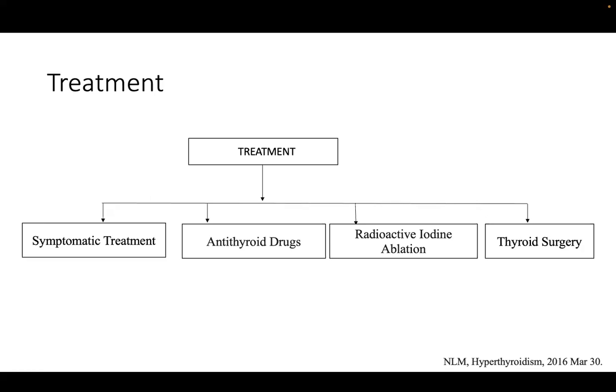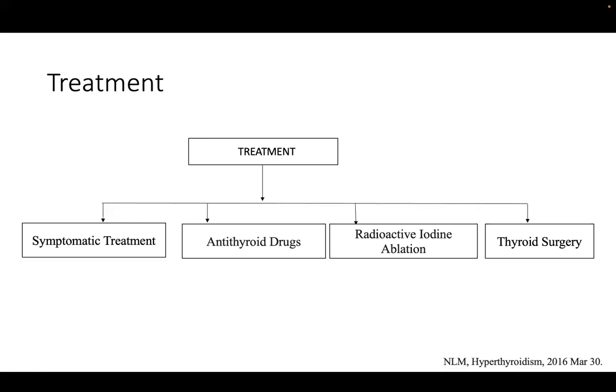carbimazole, and propylthiouracil. The indications are the initial management, and prior to surgery or before radioactive iodine ablation, we consider giving antithyroid drugs because it is essential to achieve a euthyroid status.